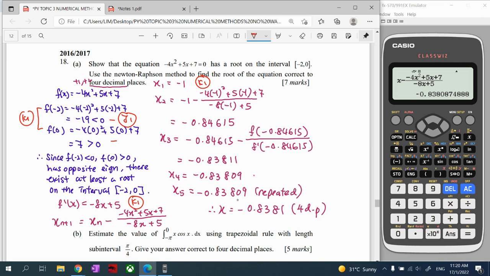Once you repeat, this is the concept of repeat, then we see your answer, and you round off according to the question. So 7: 1, 2, 3, 4, 5, 6, 7. So in calculation, you bear in mind, you have to take an extra 1 or 2, but you cannot take too much extra. When you take too many extra decimals, it is hard to get a repeated answer.